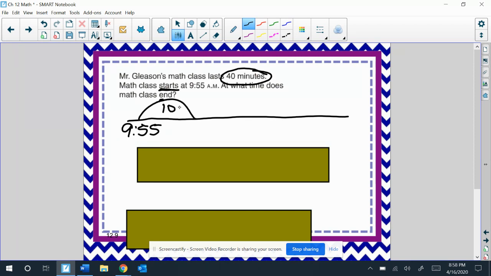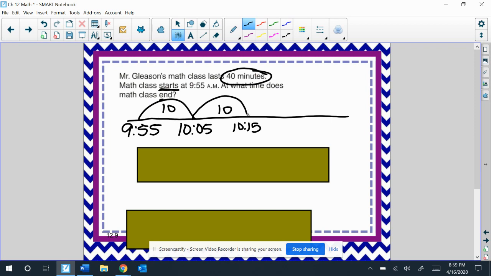I'm going to jump by 10. 9:55 plus 10 minutes is, well, 55 plus 10 minutes is 65. But I know that 60 minutes is 1 hour, so I actually go from 9:55 to 10:05. Now I can jump another 10. 10 minutes plus 5 minutes is 15.